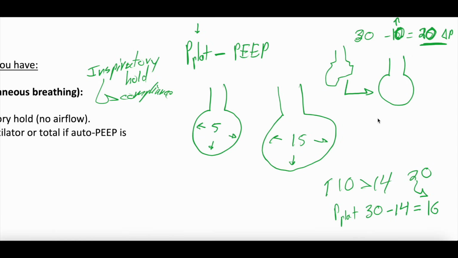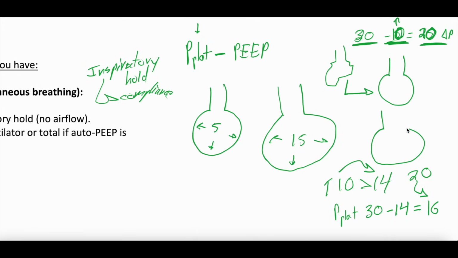But if we take the other scenario, right, we're going back to a plateau pressure of 30 and a PEEP of 10. And I think, oh, I think they're under-distended. So I increase that PEEP to 14, like I did. So the PEEP goes up, again, 10 to 14. But I was wrong. They were not under-distended.